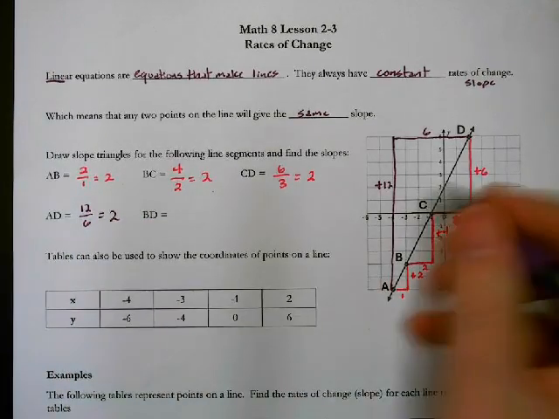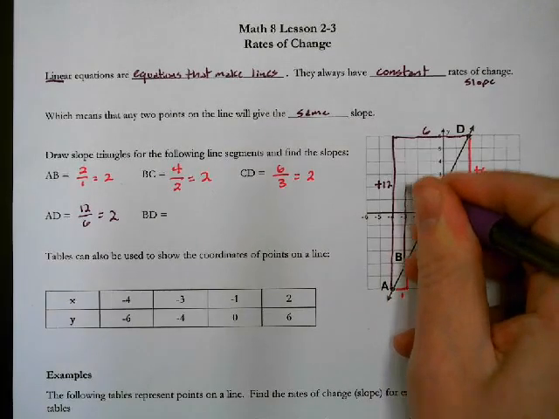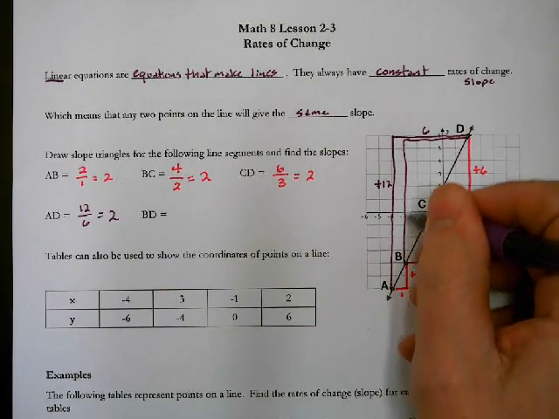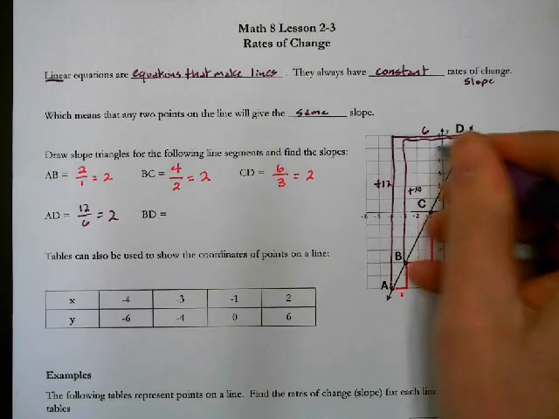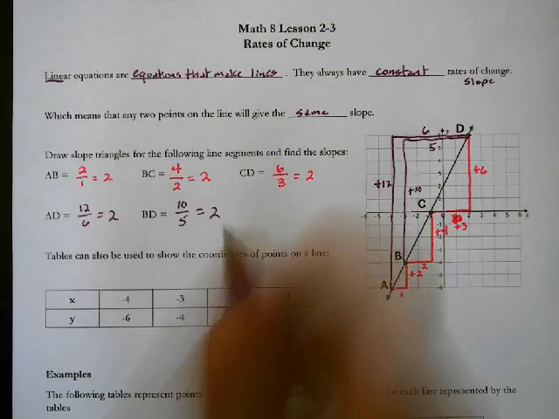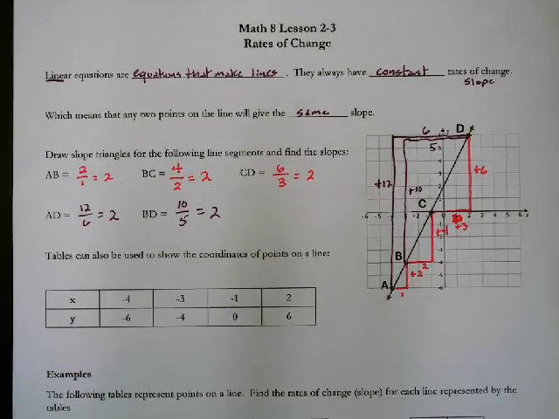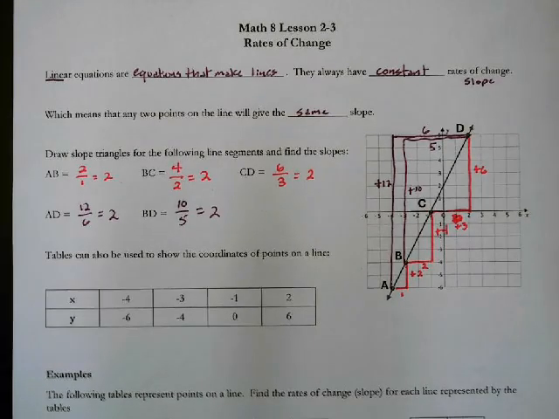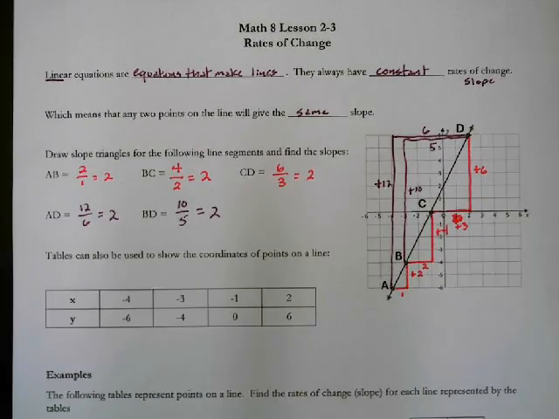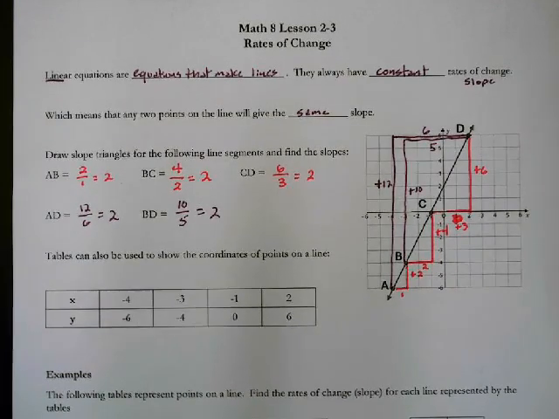And then B to D. It's going up 10 and over 5. Still reduces to 2. This is what we mean about a constant rate of change. It didn't matter which 2 points I picked. When I reduced the fraction for slope, I got the same slope. Every line has the same slope no matter which 2 points you pick to calculate the slope.